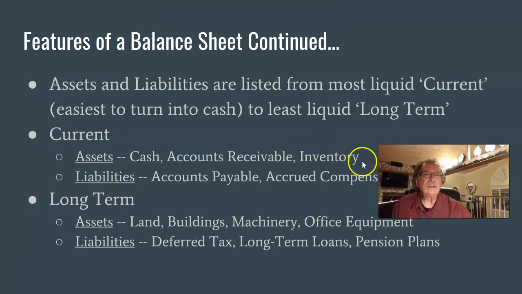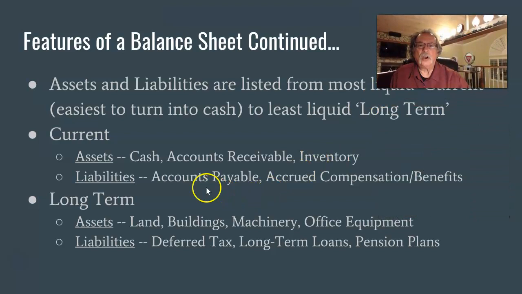And then similarly, liabilities are things that you owe, accounts payable. If you owe salaries that are going to be paid, it's like an accounts payable. Those are the current items. Long-term assets are things like land, buildings, equipment, machinery.